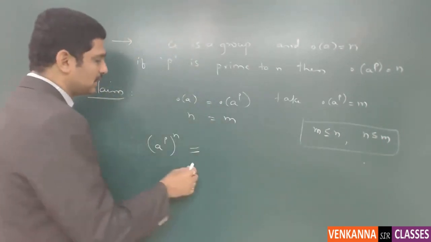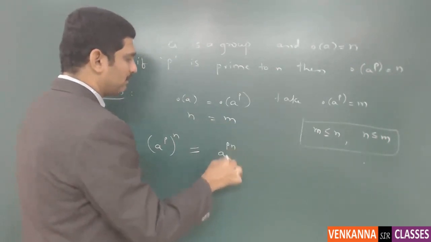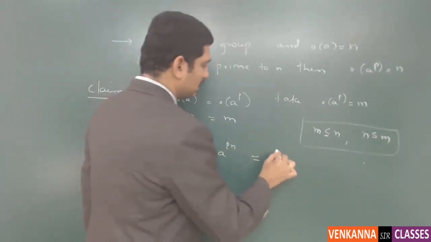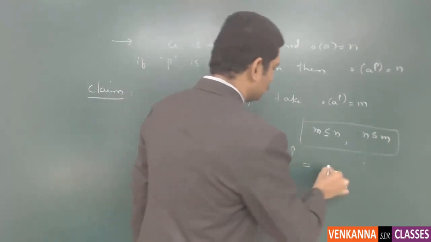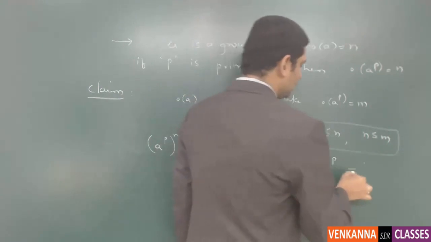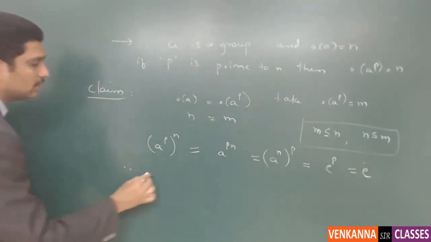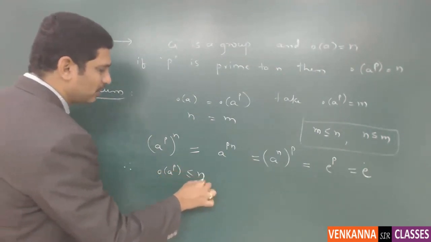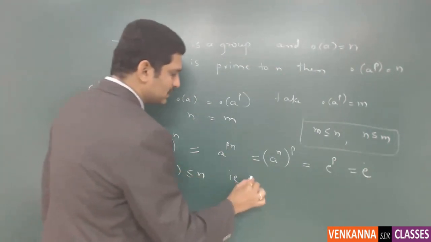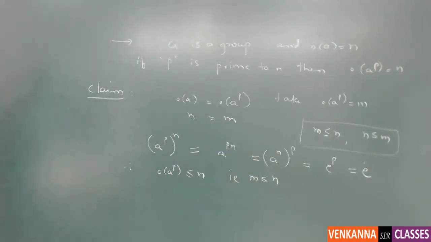So this is nothing but A power pn, nothing but A power n whole power p, is equal to identity power p, equal to identity. Therefore, the order of A power P is less than or equal to n, that is m less than or equal to n. Please observe what I have written.